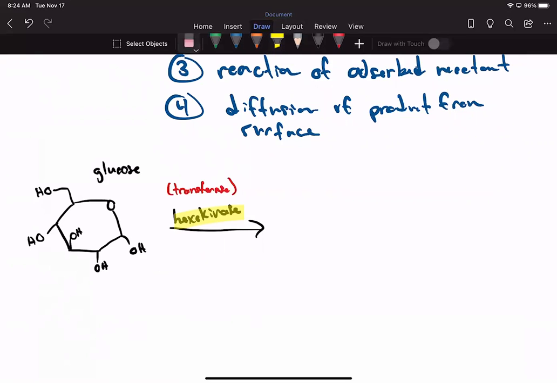So the job of hexokinase is to actually transfer a phosphate from something we call ATP here. And if you've taken biology, you might be familiar with these terms, adenosine triphosphate. So adenosine triphosphate comes in here and then it leaves as ADP, adenosine diphosphate.